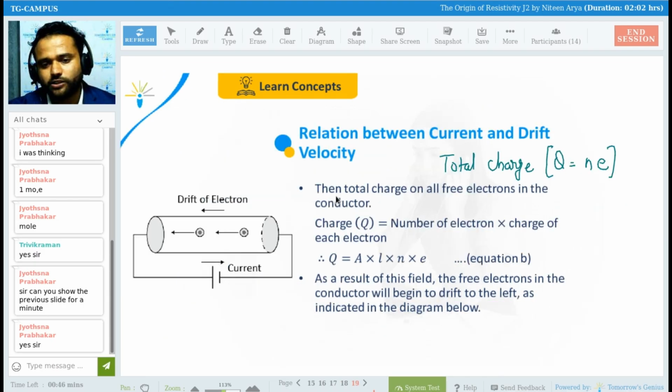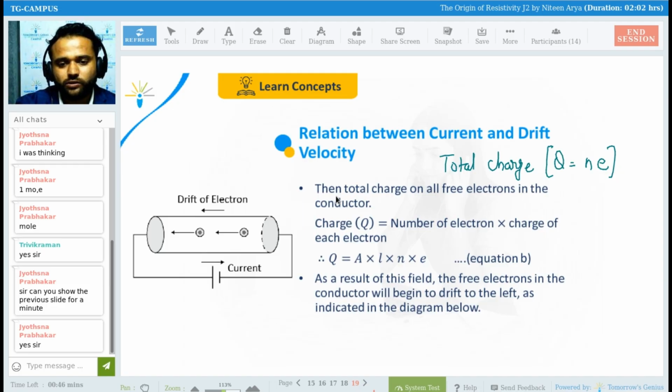Okay, so this is the total charge, Q equals Ne. Charge is the number of electrons into the charge of each electron, and with the number of electrons being A, L, n, we get Q equals A L n e.